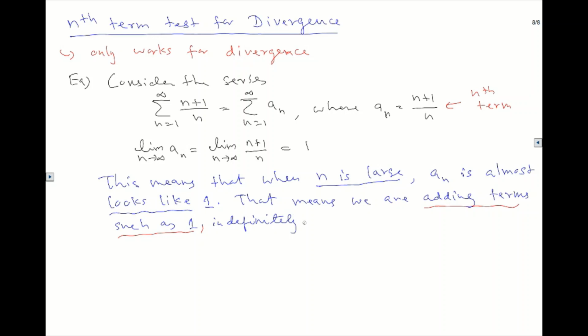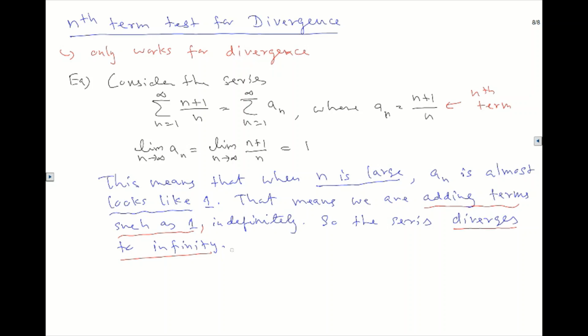So that means the series diverges to infinity.